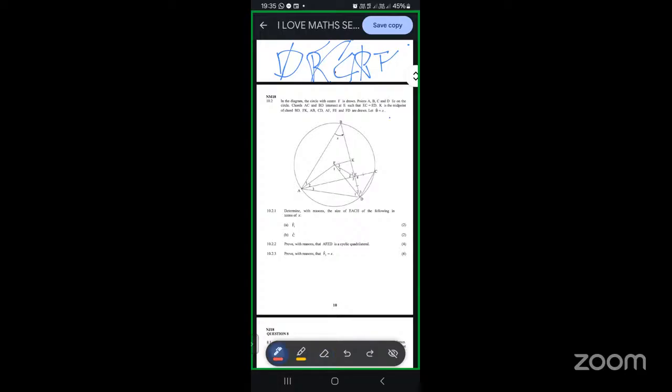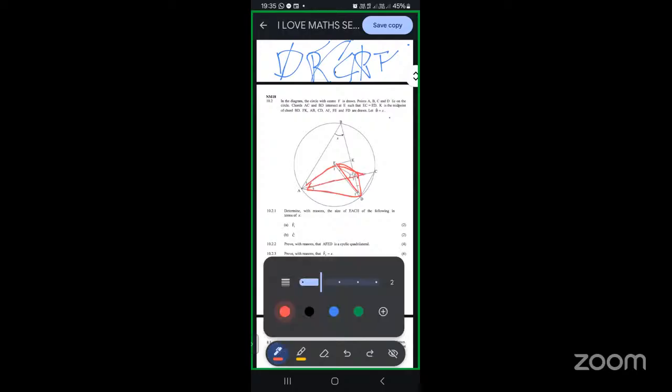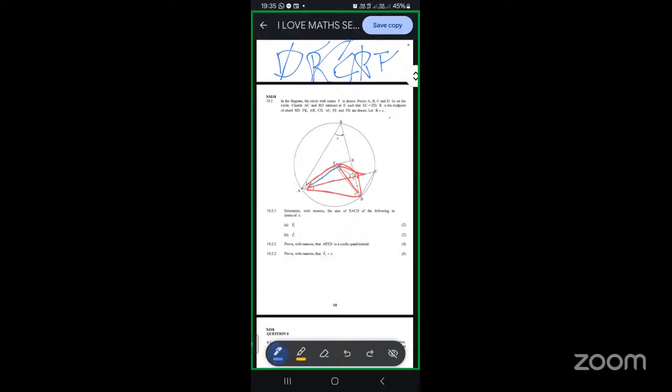We want to prove that this is a cyclic quad. And this cyclic quad here, we've got these diagonals. Those diagonals form something like a bow tie shape. Okay, that's a good hint.